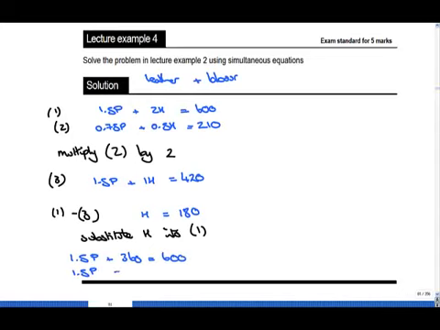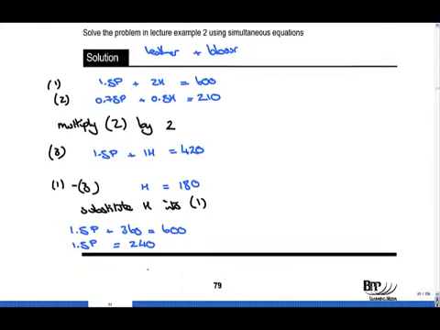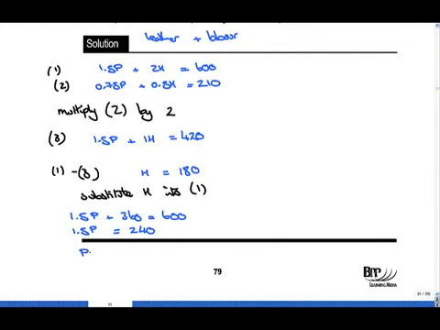So 1.5p is therefore equal to 240, so p is going to be 160. Okay, so my optimal production plan is to make 180 handbags, 160 purses.